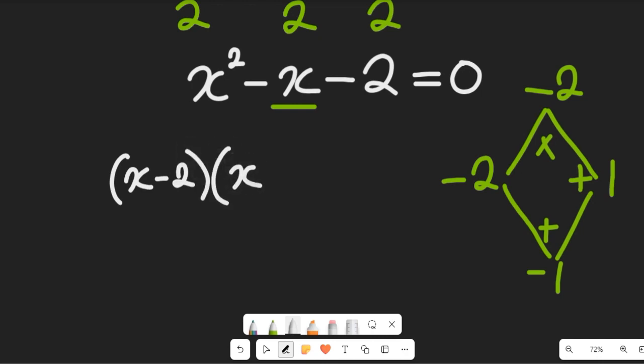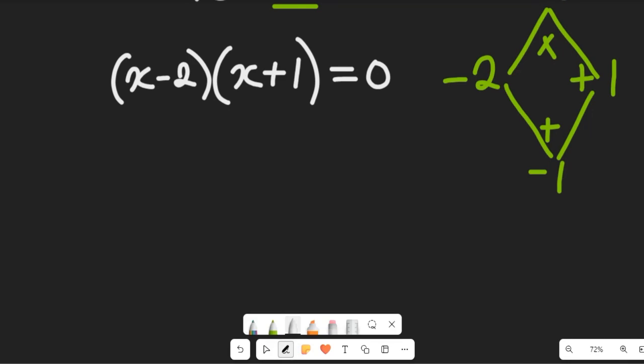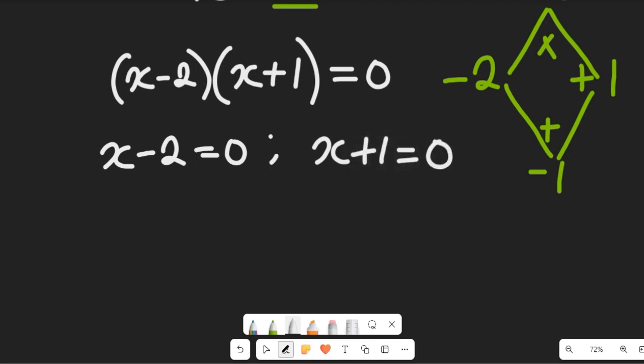And then we'll have our x plus 1, and this will be equal to 0. Now, having gotten to this point, this gives us a zero product rule, and in the first case, x minus 2 will be equal to 0, and considering the second case, x plus 1 will be equal to 0.